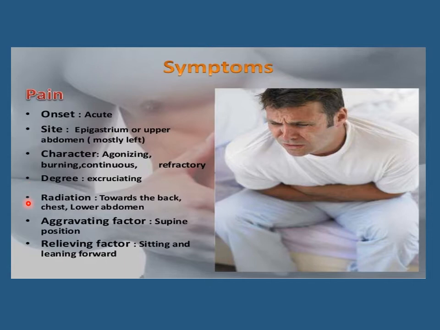Radiation to the back and the lower abdomen. The aggravating factor is lying supine, so the patient tends to bend forward or lie in a curled up position. Relieving factors: sitting or leaning forward.